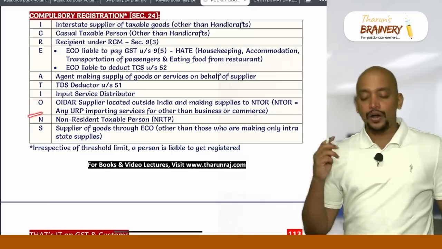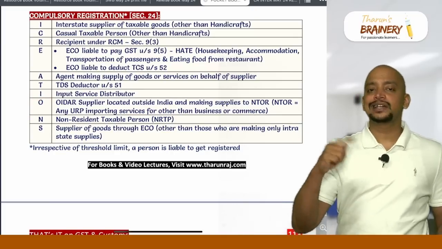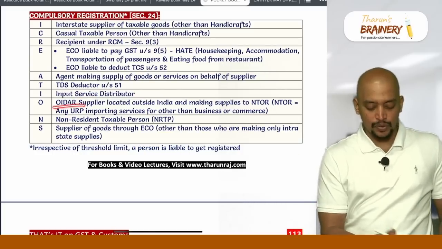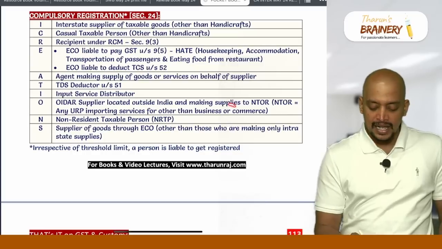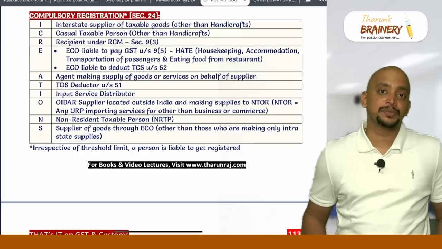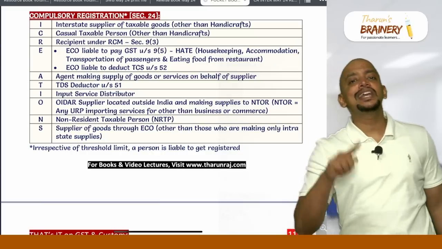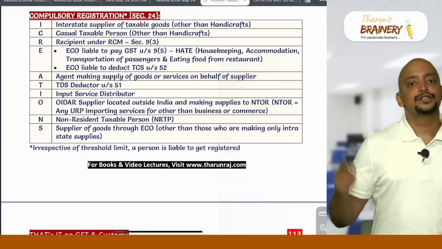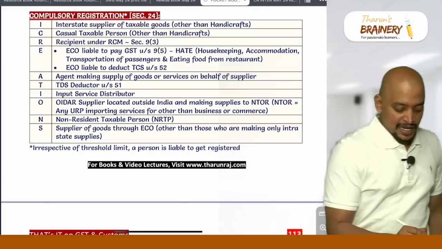O for online, that is OIDAR services, online information database access and retrieval services. An OIDAR supplier located outside India and making supply to a non-taxable online recipient. Also remember, an online money gaming supplier located outside India is also compulsorily required to get registered. That point I have given later, at a different place.